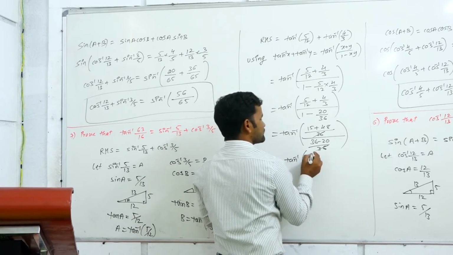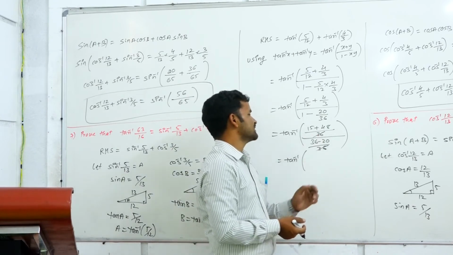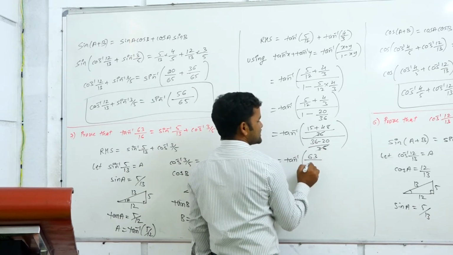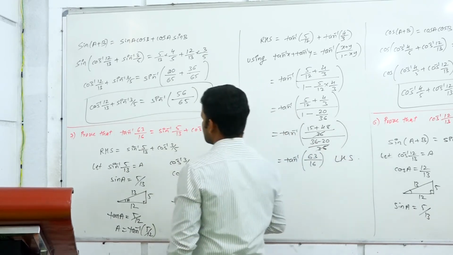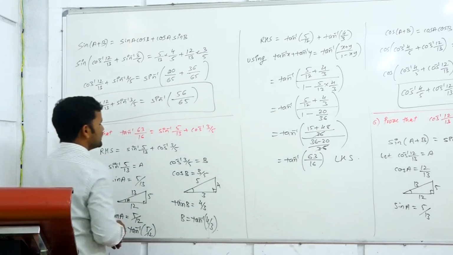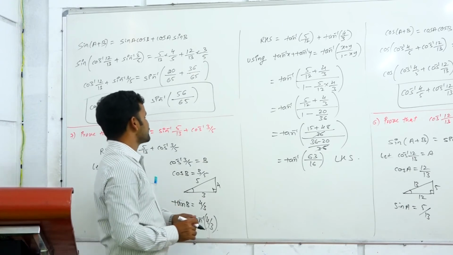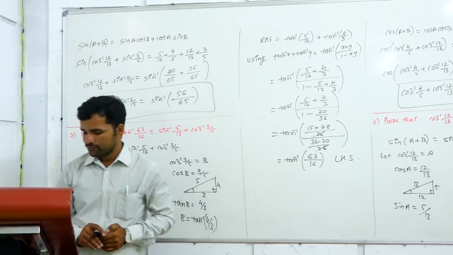Tan inverse of 15 plus 48 is 63, divided by 36 minus 20 is 16. This is the required LHS. Hence, we have proved tan inverse of 63 by 16 is equal to sine inverse of 5 by 13 plus cos inverse of 3 by 5.